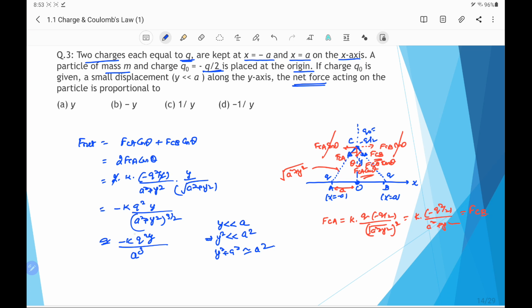And here K, a cube and q square are constant, so we can say that F net is proportional to minus y. That means it is proportional to the displacement in the y direction, and being a restoring force which tries to carry the charge towards the mean position, it is directed in the direction of minus y. Therefore, option B is the correct option.